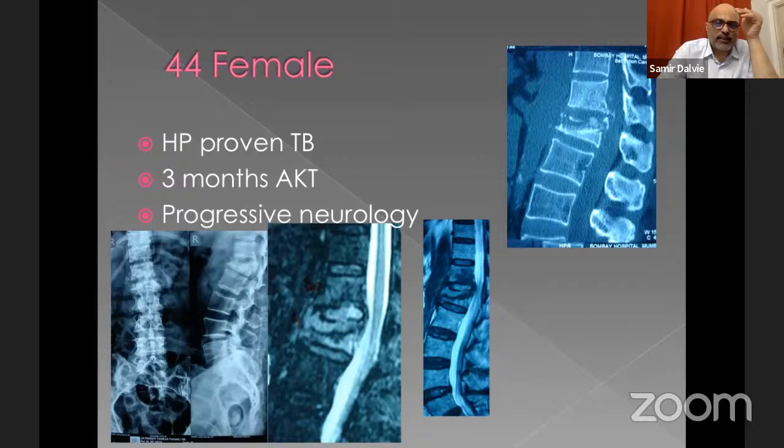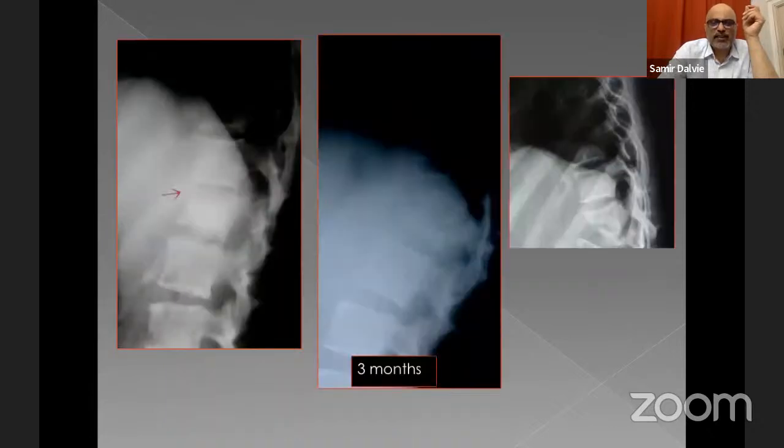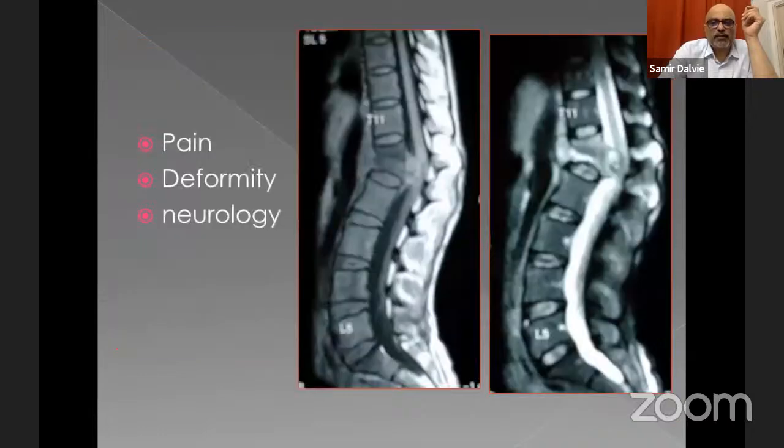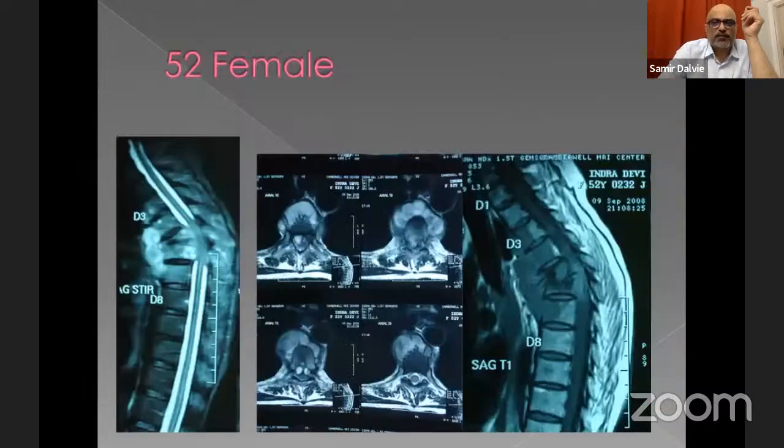On the contrary, there is this patient who was histologically proven TB, 3 months AKT, but progressive neurology and pain. This patient was operated by the transpedicular approach, posterior fixation and anterior cage. This patient, progressing with pain, deformity and neurology, was taken up for surgery. This is another one, upper dorsal.